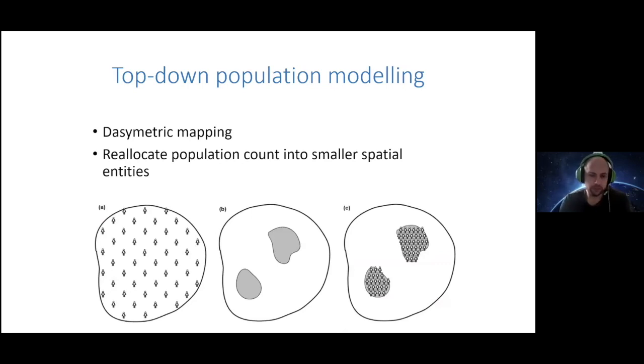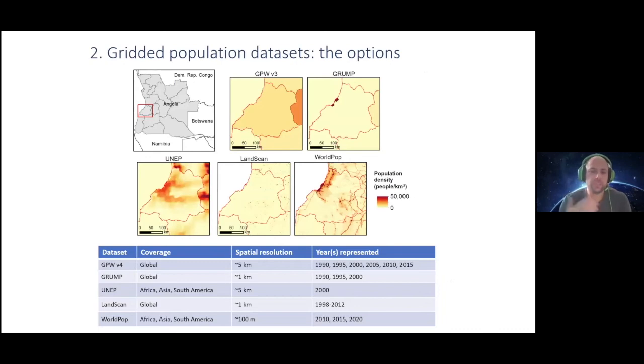It could be a land cover map on figure B that says that only these two areas, the dark shaded areas, are cities and everything else is water. Then we know that these people are not living on the water, obviously. So we put them there. So we immediately get a very fine resolution, much finer at least than what we had to start with. And this is how these products operate.